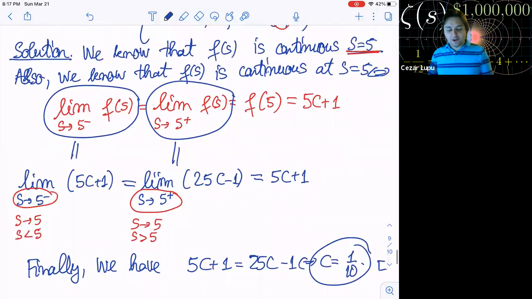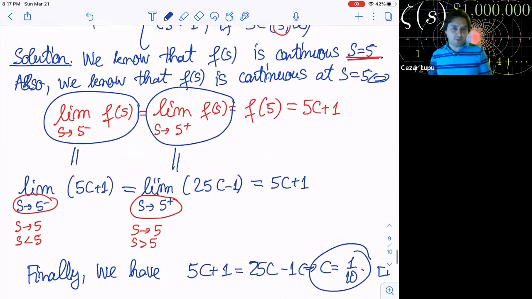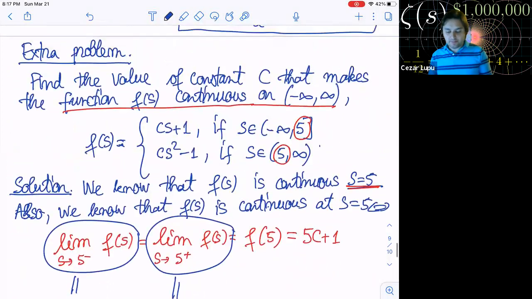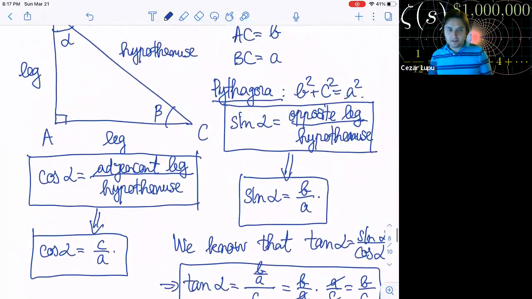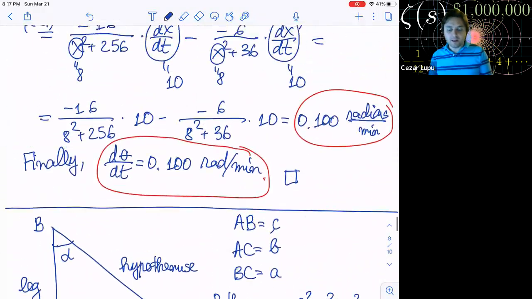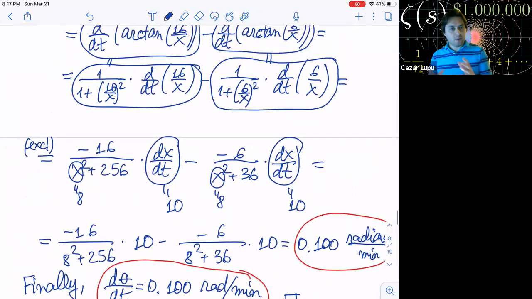As you can see, the last problem was the more difficult, and that's how the test should be. The last problem should be more for those who want an A+, and the other ones should be more standard, so that anyone who puts some effort into it will get it.